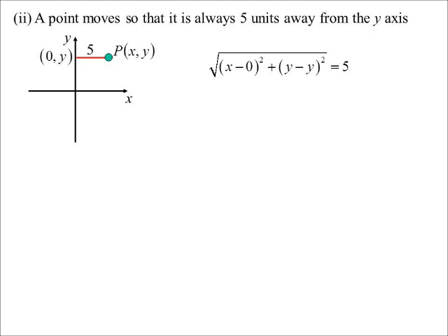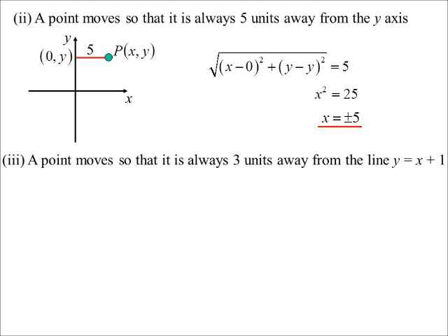Sub it into our distance formula. And we get x squared is 25, plus or minus. It never actually said to the left or to the right. And yes, actually it's x, not y, but I think we've realised that one. But the main point there is actually plus or minus, because it could be 5 units on the left-hand side as well. So doing it algebraically, it picks up that plus or minus because we've got x squared is 25.